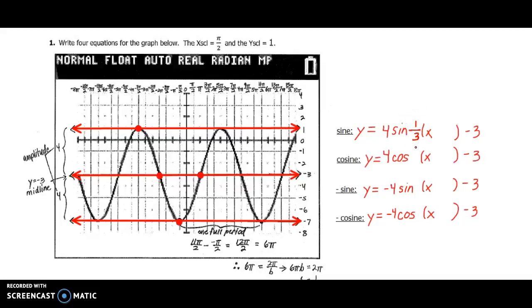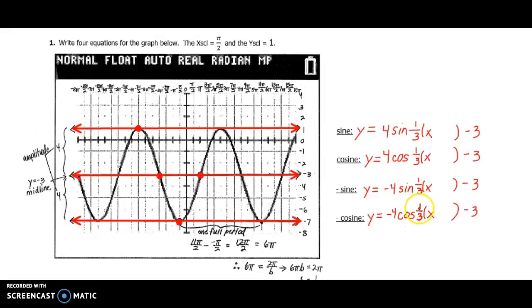And if you haven't already picked up on this, when you are writing an equation for a trig graph, your A, B, and C values are all going to be the same. Which means the only value that we really have to think about at this point is what's our D value.